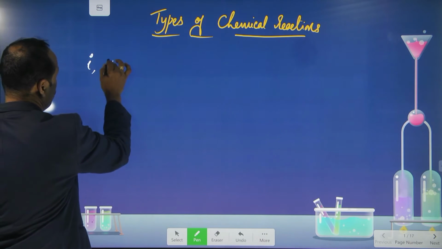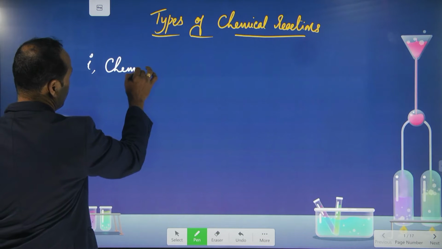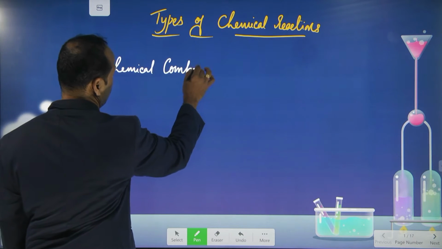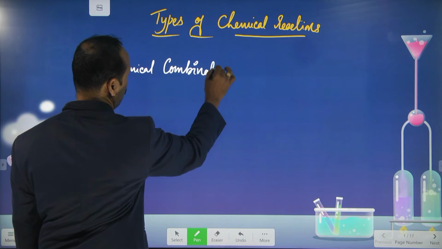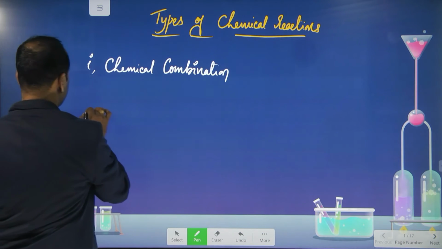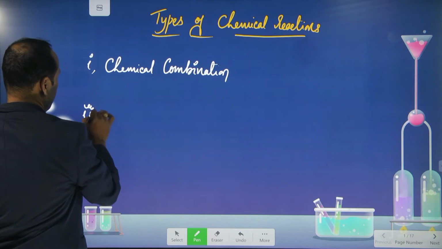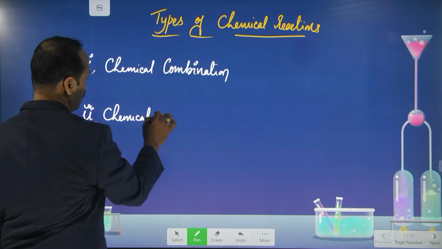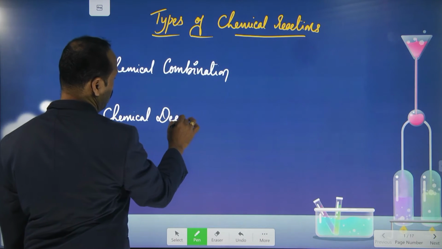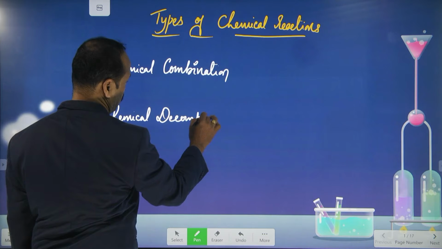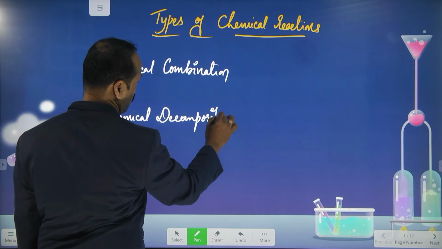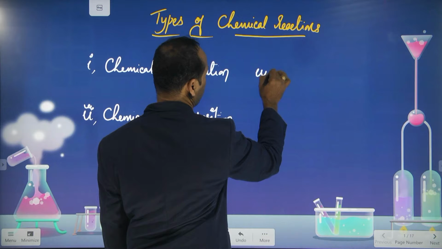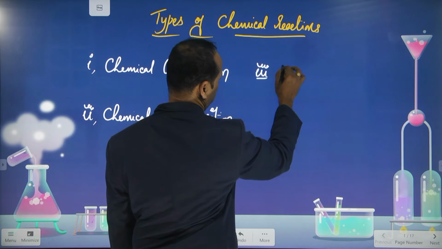In that, first one is called chemical combination. Second one is called chemical decomposition. Third one is chemical displacement.